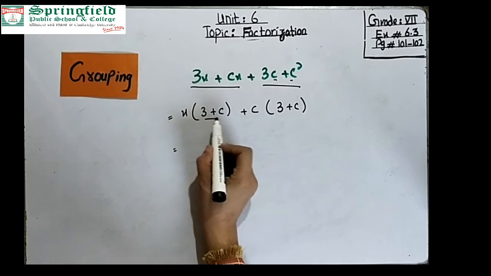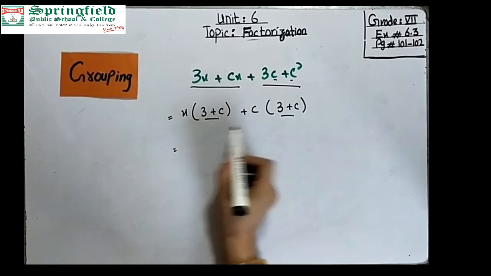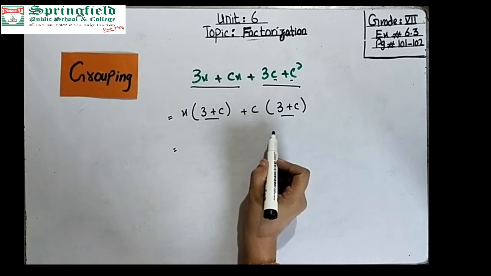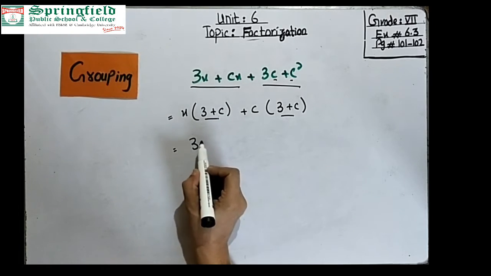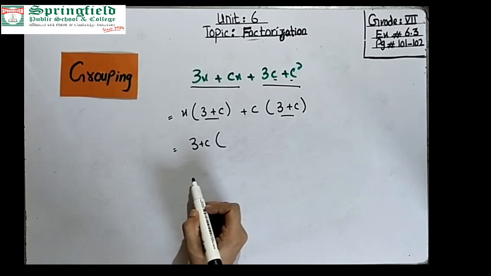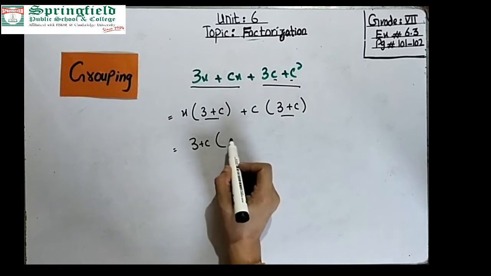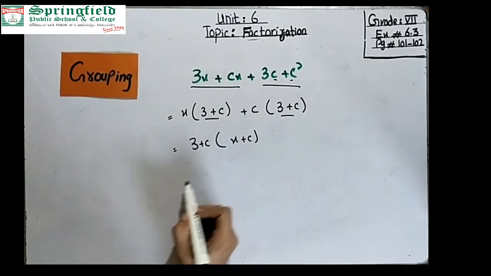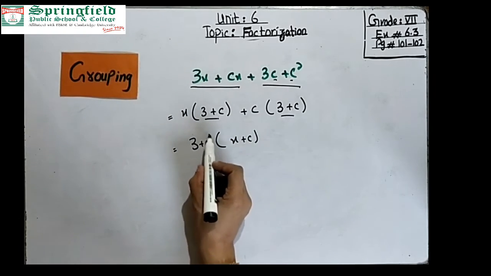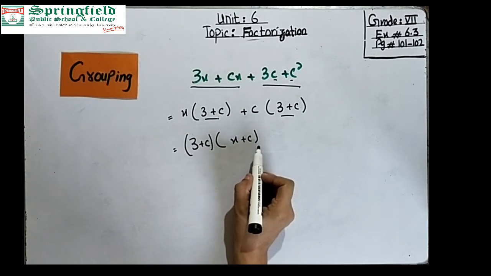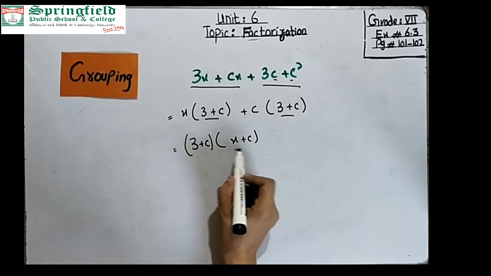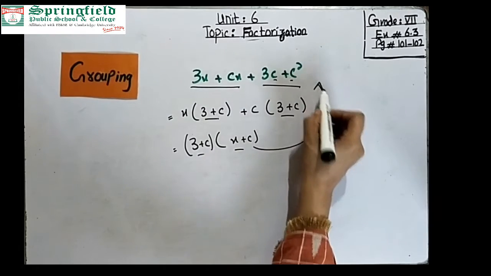Now 3 plus c is common in both the terms. So we take 3 plus c common, then x plus c is left inside the bracket. So 3 plus c and x plus c are the 2 factors of this polynomial expression.